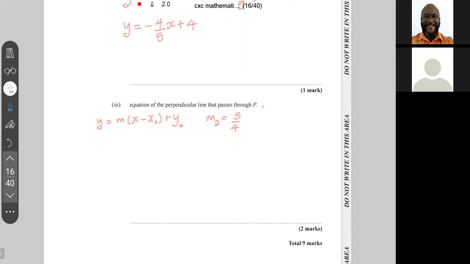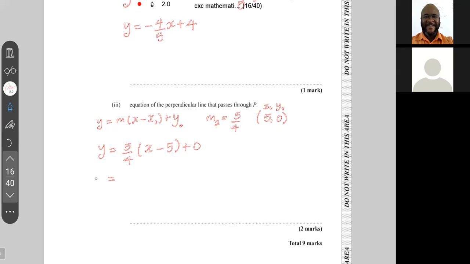We need 1 point on this line. This line passes through P, which is the point 5, 0. In the formula, this is my x naught and my y naught. So y is equal to m, which is what? 5 over 4, into x minus x naught, which is what? 5, plus y naught, which is 0.